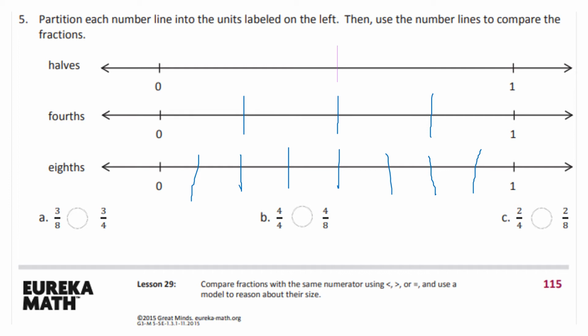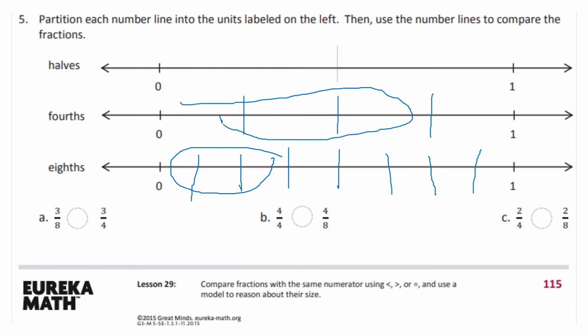So if you see for A, we have 3/8 and 3/4. So here would be 3/8 right here. And here is 3/4. So as you can see, 3/4 is bigger than 3/8.